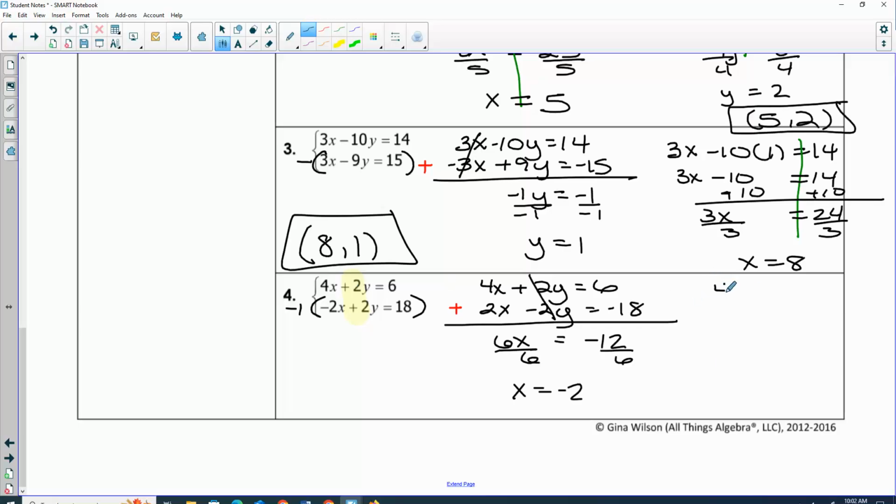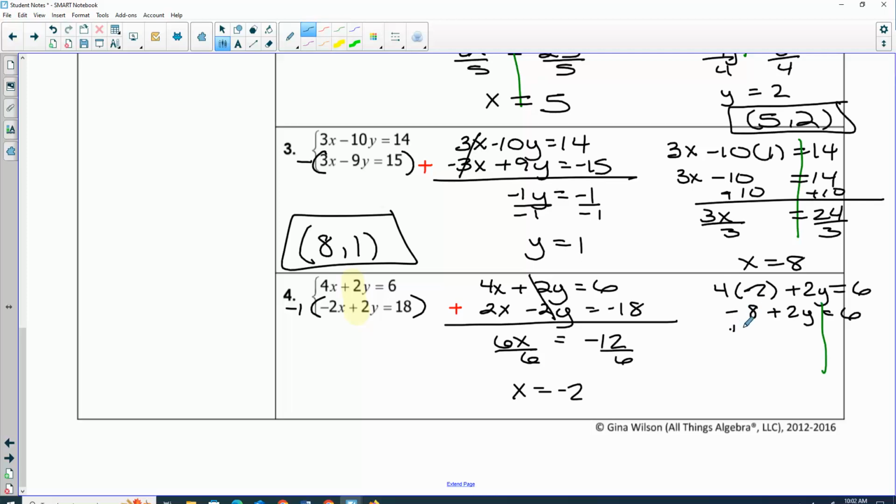So now we plug it back in. Either equation, let's go with the first one. So 4 times x, which is negative 2, plus 2y equals 6. 4 times negative 2 is negative 8. If you need to, you can draw a vertical line to help you keep track of things.